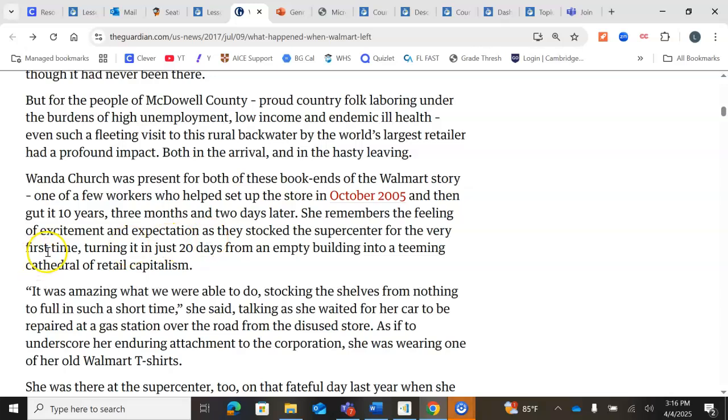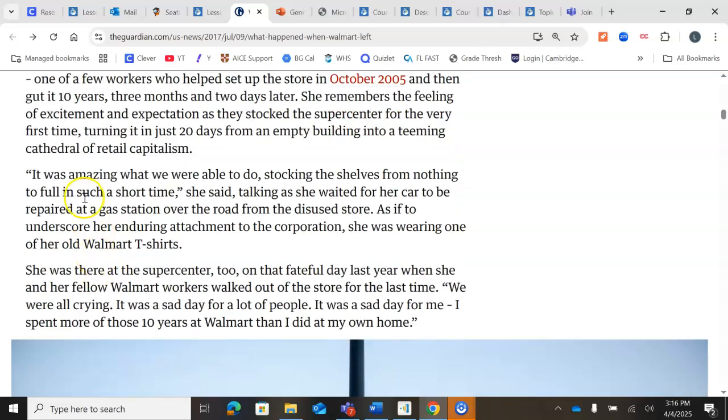She remembers the feeling of excitement and expectation as they stocked the Supercenter for the very first time, turning it in just 20 days from an empty building into a teeming cathedral of retail capitalism. It was amazing what we were able to do, stocking the shelves from nothing to full in such a short time, she said, talking as she waited for her car to be repaired at a gas station over the road from the disused store.